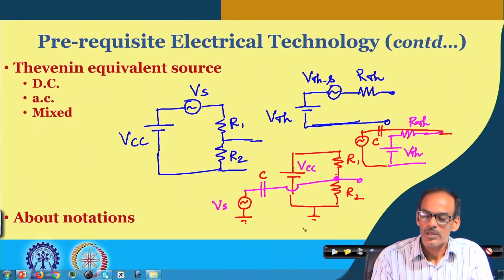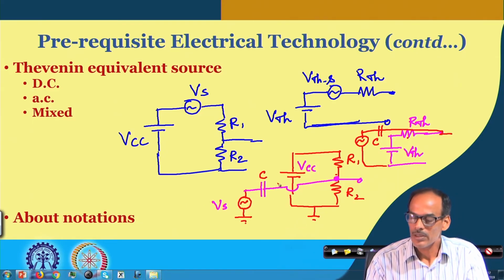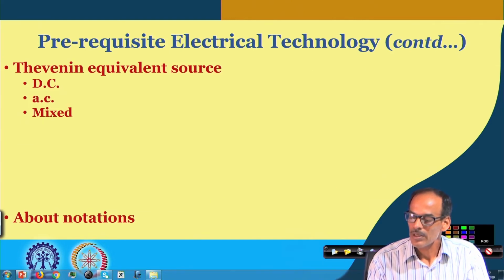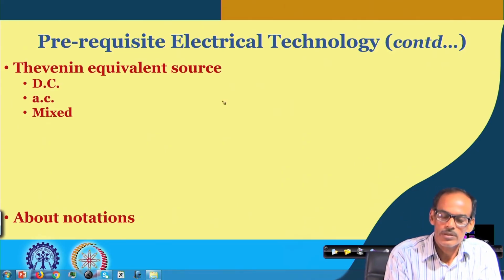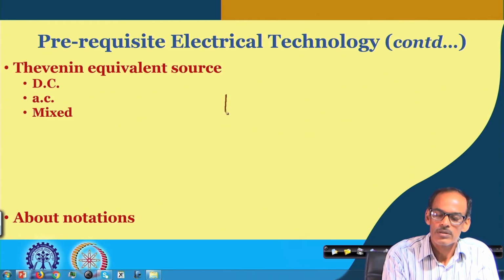Okay. So, let me redraw this circuit, and probably you may appreciate that this situation we will be using frequently, and hence it is better we understand it through our intuition.